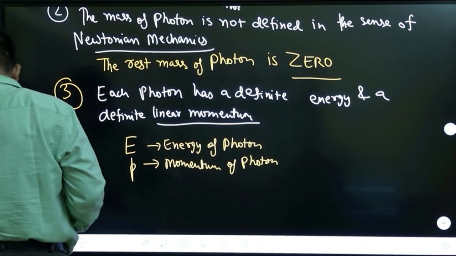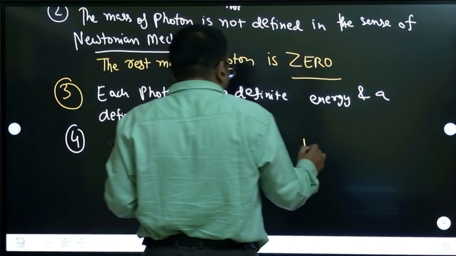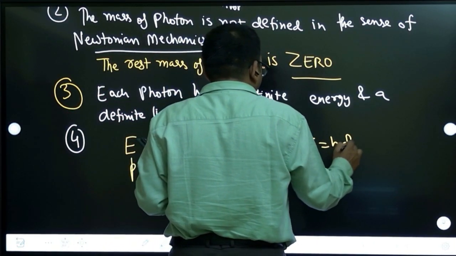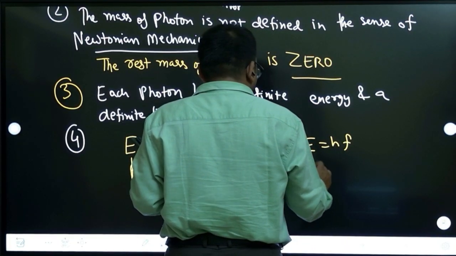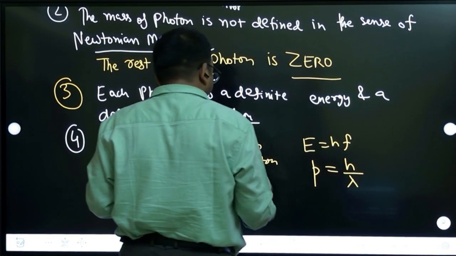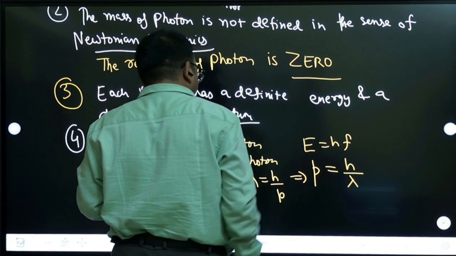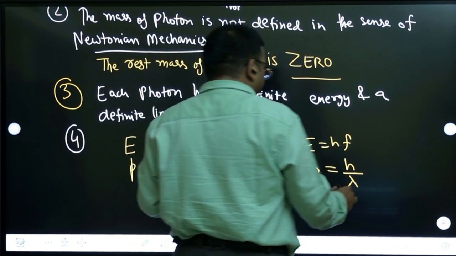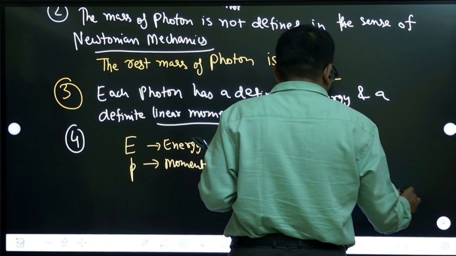We can write the formula E is equal to h into frequency, right? And P is given by the de Broglie equation: lambda is h by p, so P is equal to h by lambda. This lambda is the wavelength of electromagnetic wave.